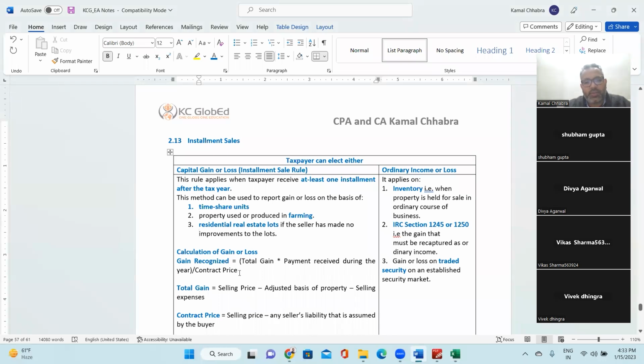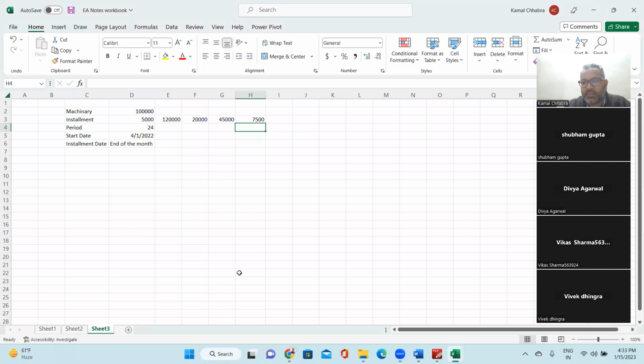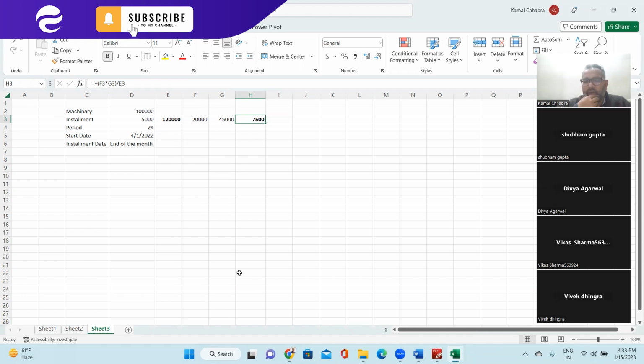So what is the contract price? The total amount receivable, right? So the gain is 7,500. Does that make sense? Yes, sir. How have we calculated?